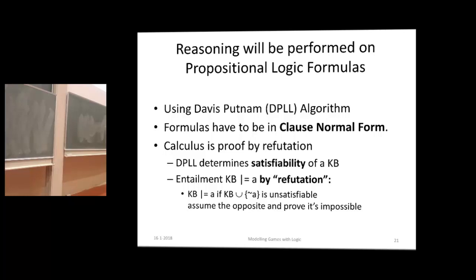So I have then a formula which would be, for example, A or not B or C, as one big conjunct. And this is a specific representation that you can have as input to your Davis-Putnam proof procedure.